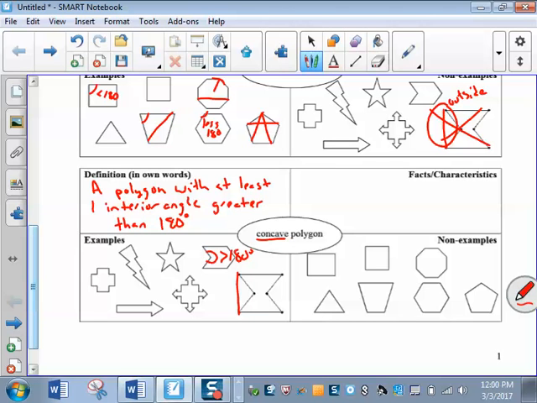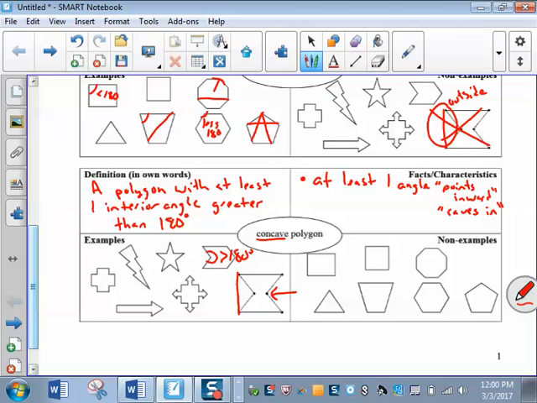Right? Some of the facts and characteristics is that you have at least one, so you can have more than one angle that's greater than 180, but you have one angle that points inward. Another way to think about that is that it caves in, right? You see these, this side, it's like it got pushed into the shape.